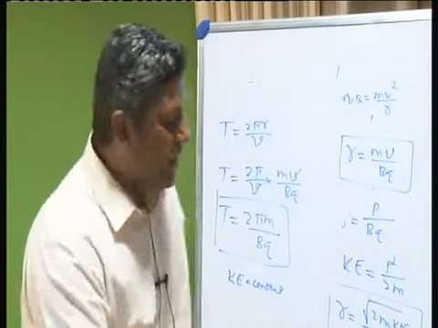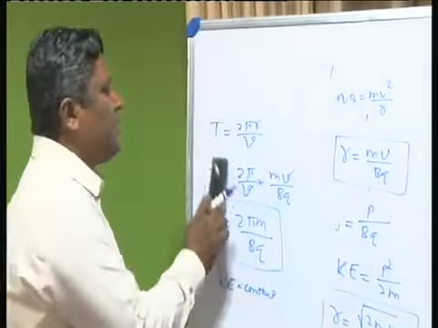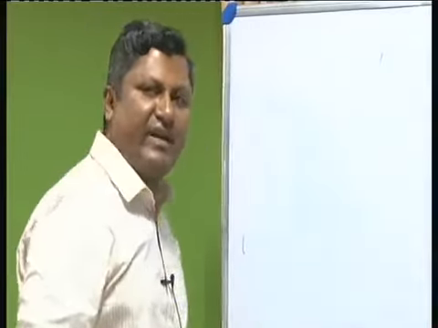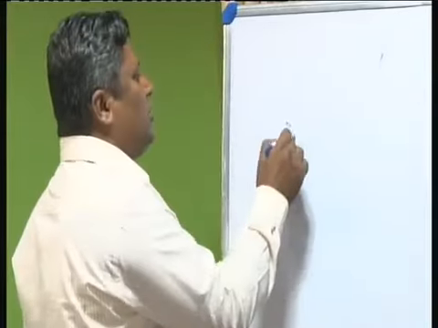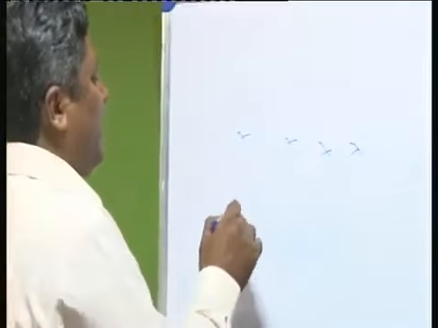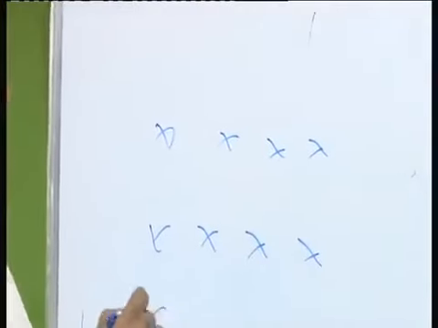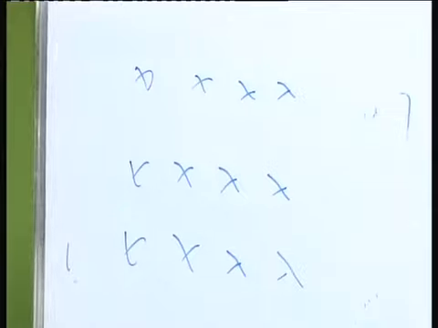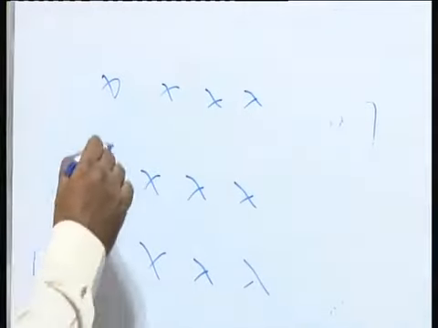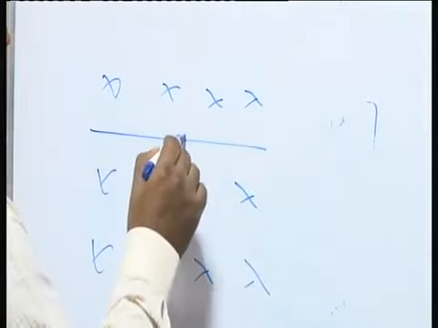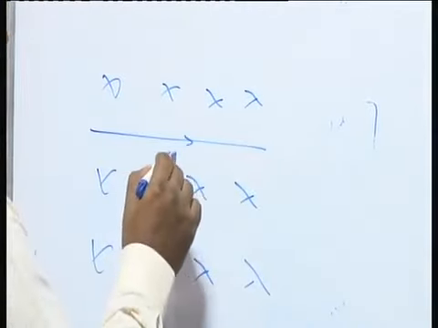Okay, next topic we will discuss what happens if, instead of a charged particle, you place a current carrying conductor in an external magnetic field. Suppose this is the direction of the magnetic field, into the plane of the board. I will place a current carrying conductor in this external magnetic field, and I will take this as the direction of current.